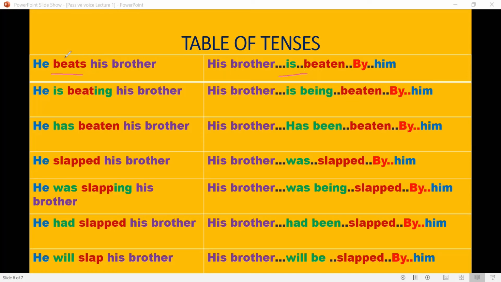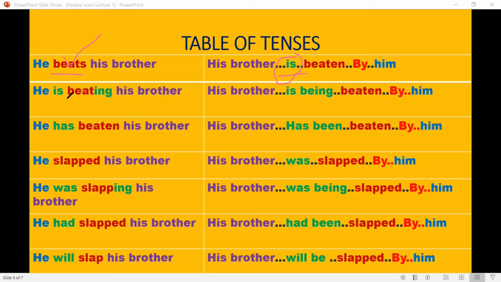If there is beats, we will use is, are, am. Is for singular, are for plural, am for the personal pronoun I. You see, this third form, beat, has become beaten. So, this is telling us that this is a passive voice of present indefinite tense.